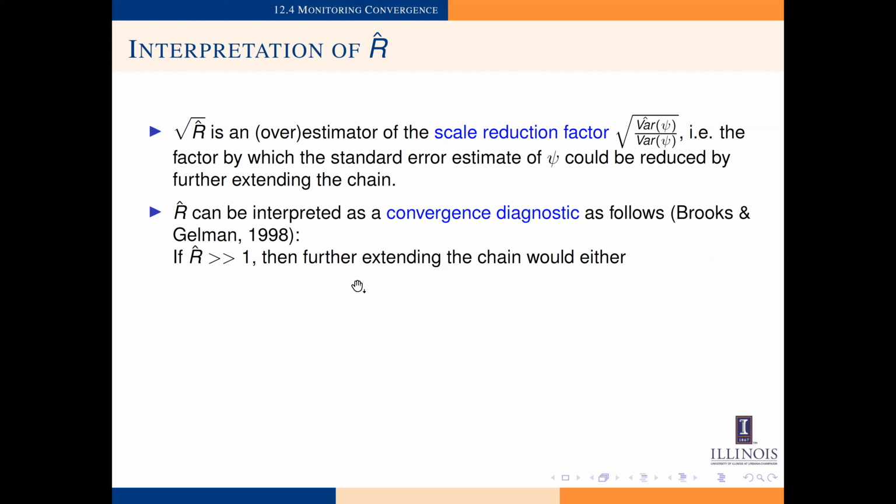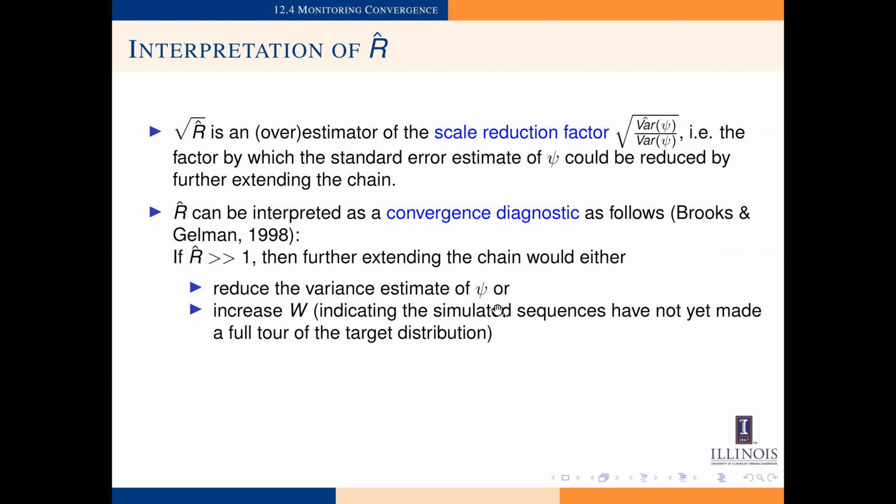Then further extending the chain would either reduce the variance estimate of psi, in other words, reduce the numerator, or increase the denominator W, in other words, increase the within chain variation. If the within-chain variability can be increased by making more MCMC draws, then it indicates that the current simulated sequences have not yet made a full tour of the target distribution. In other words, we haven't yet mixed well.